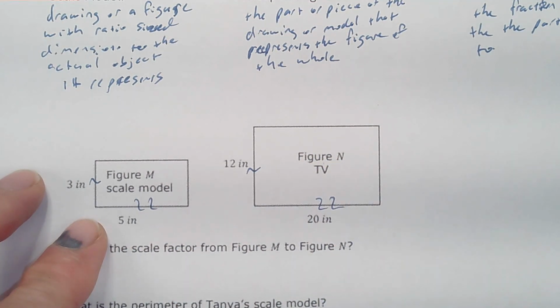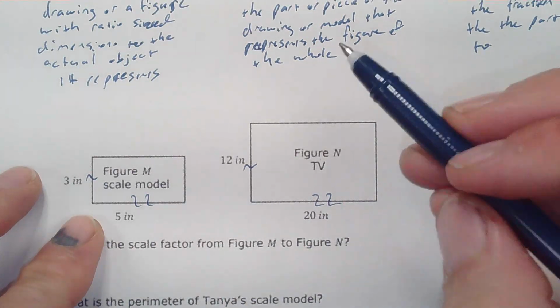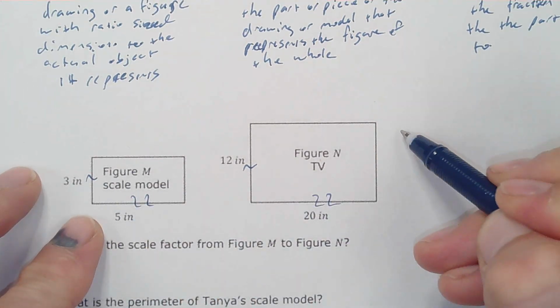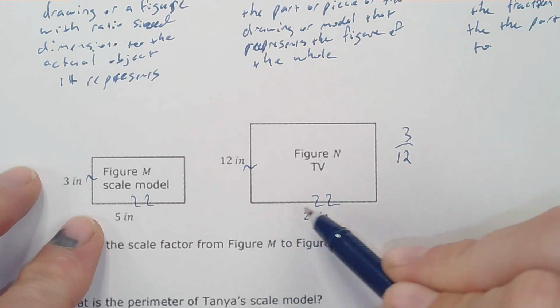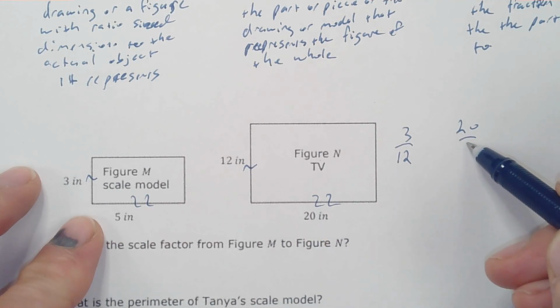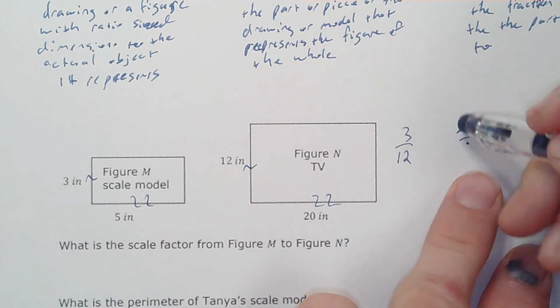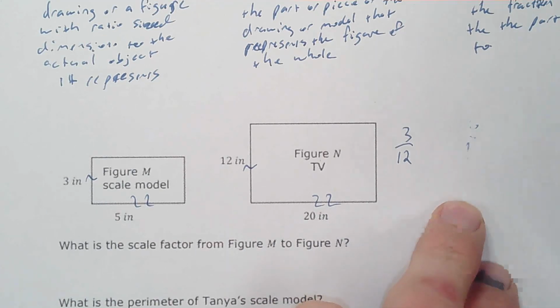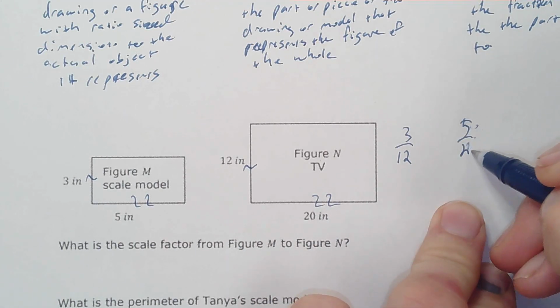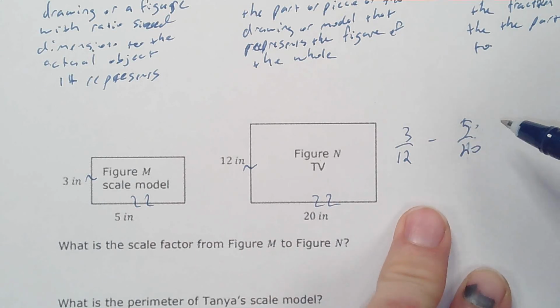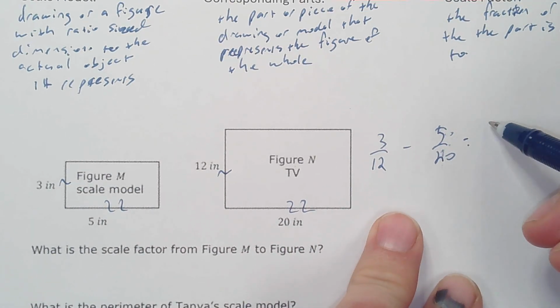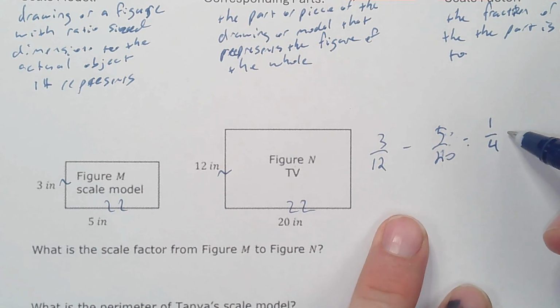These are similar rectangles, okay? So this is a 3 to 12 ratio. This is a 5 to 20 ratio, excuse me. So either way I look at it, it reduces to 1/4, or if I did it the other way, it would be a 4-to-1 ratio.